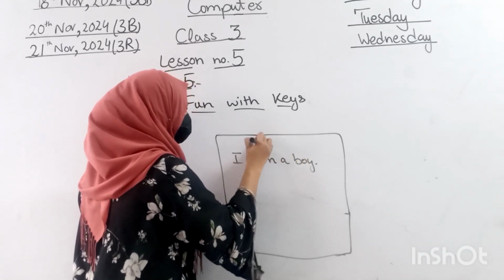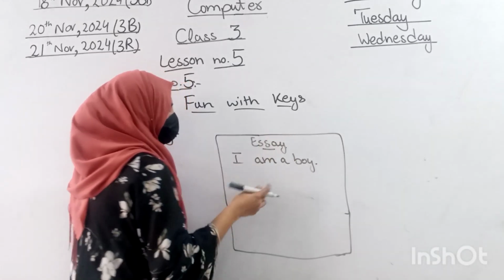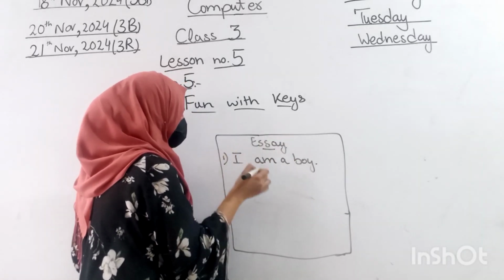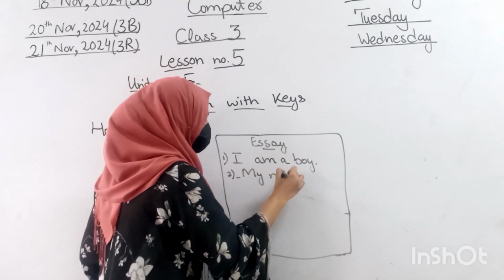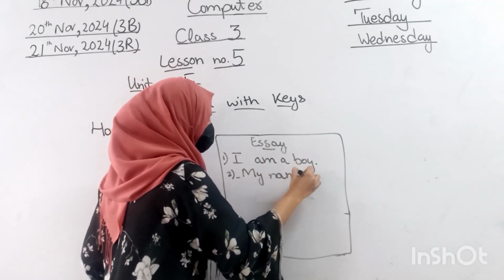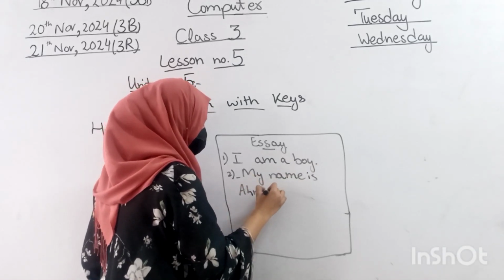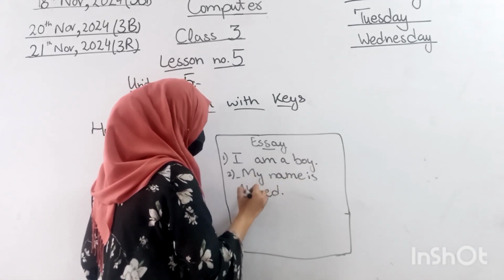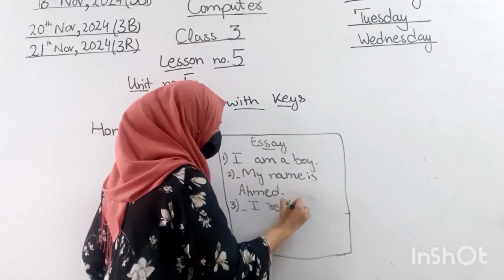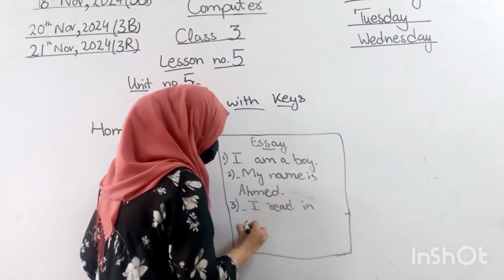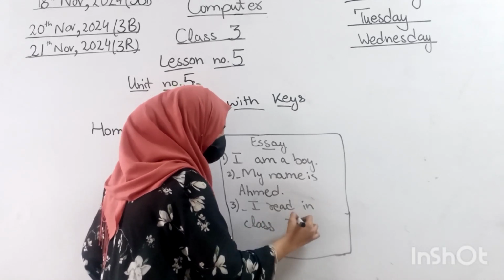You are writing an essay on I am a boy. My name is Ahmed. I read in class 3. So your cursor is here.